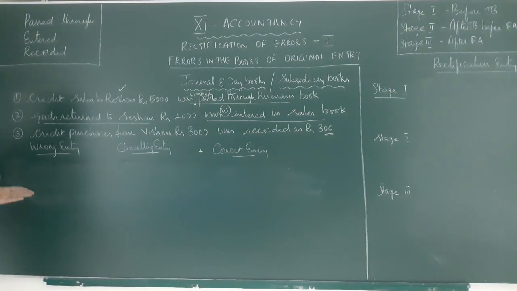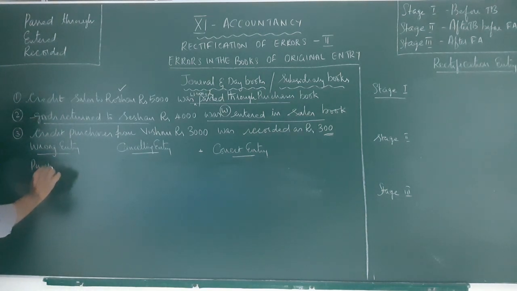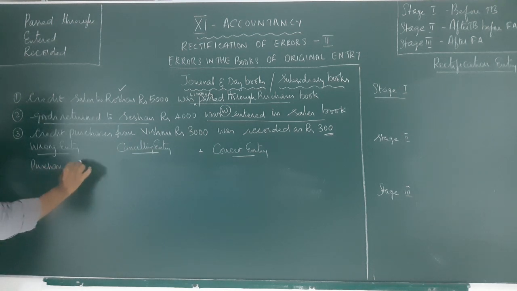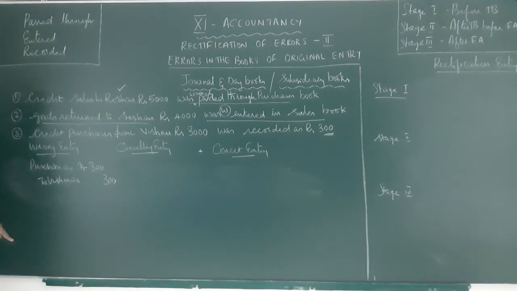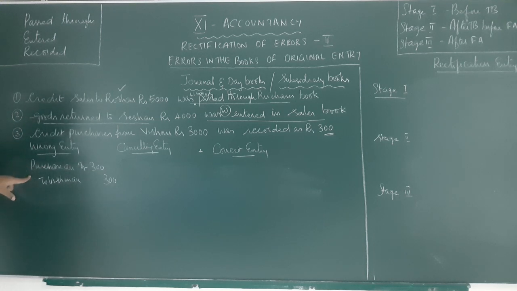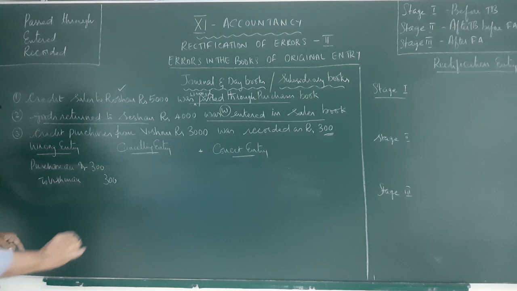Again, we will be using this 3-step formula. First, what is the wrong entry? It is purchases account debit to Vishnu account 300. This is wrong, right? What we have to do? We reverse this for cancelling it.